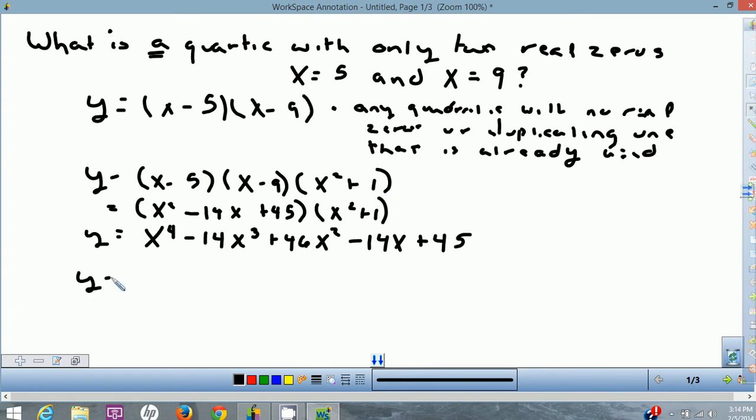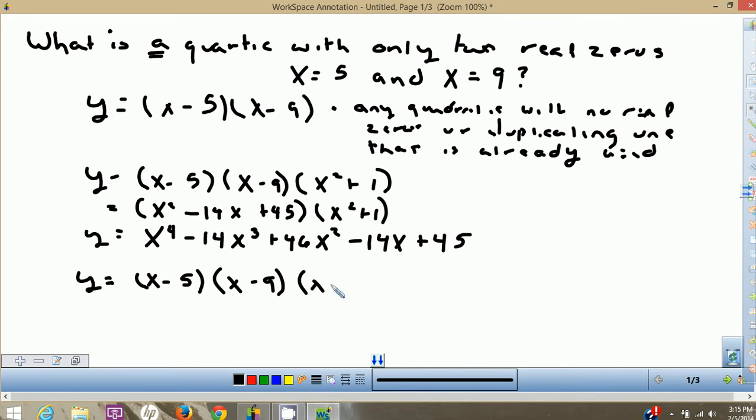So one of my other options, since I already have x minus 5 and x minus 9 as factors, is to just repeat them. What's that going to do on your graph? It's going to mean that at both of those zeros of the function, my graph is going to bounce off the x-axis instead of going through.